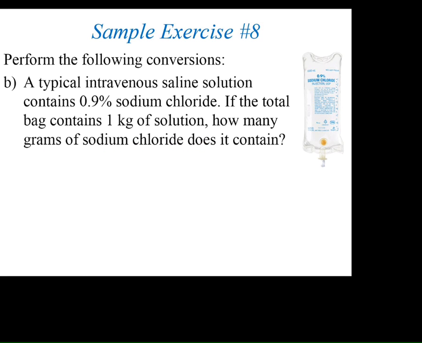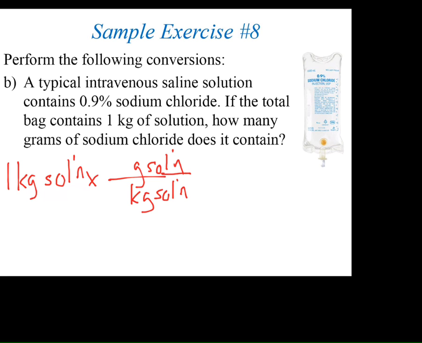So the other way to do it is, you could take 1 kilogram of solution, and I could turn kilograms of solution into grams of solution. Same thing. 1 kilogram is 10 to the third grams.